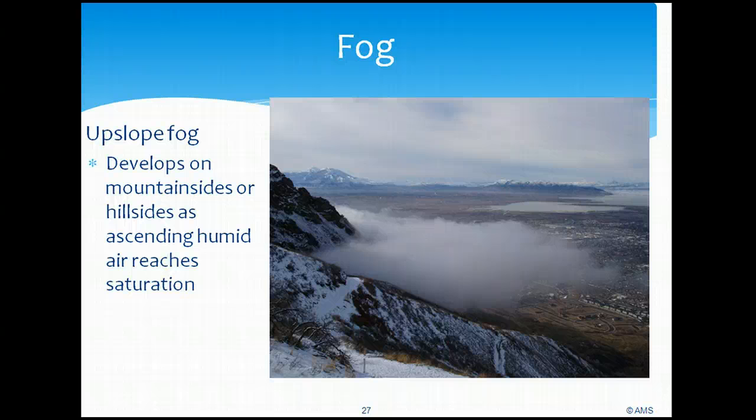Ascending humid air undergoes expansional cooling as it moves in this direction and eventually reaches saturation. Any further ascent of the saturated air produces something called upslope fog.